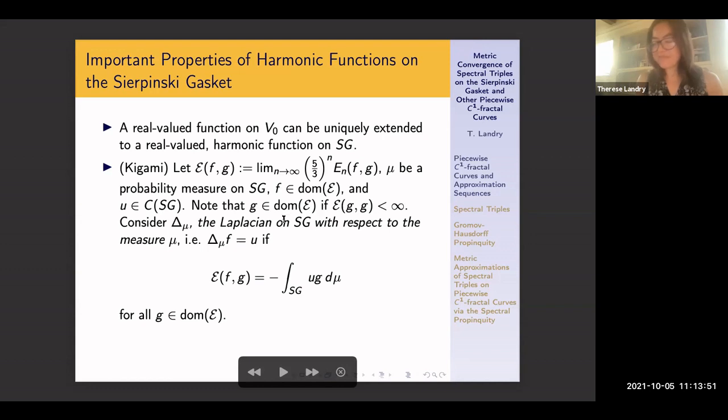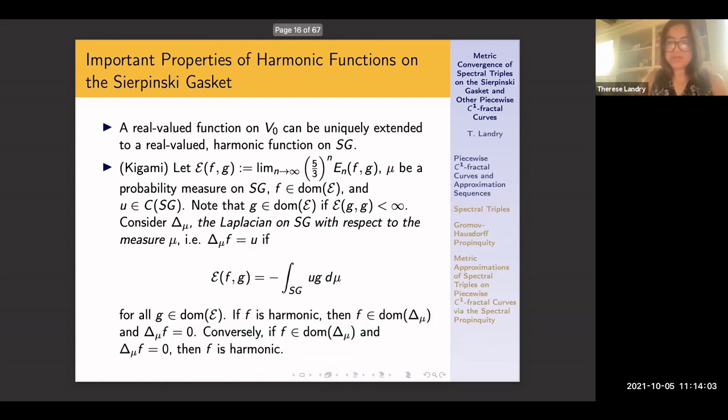If we take the renormalized energy and a probability measure on the Sierpinski gasket and define the Laplacian operator in this way, then the harmonic functions happen to coincide with those that vanish under this Laplacian. So in that sense, this is a very well-developed example of a differential operator on a fractal that suitably generalizes key properties from the Riemannian manifold setting.